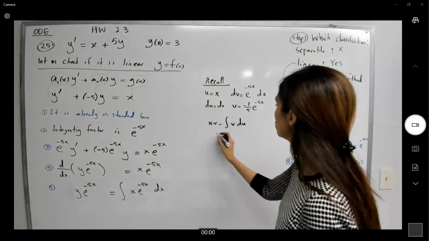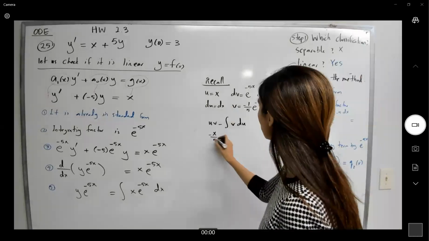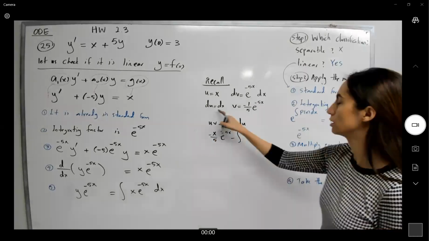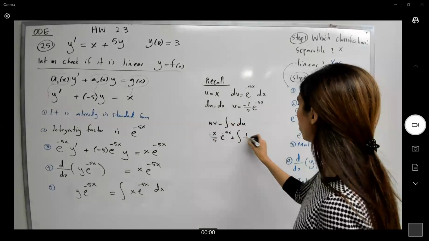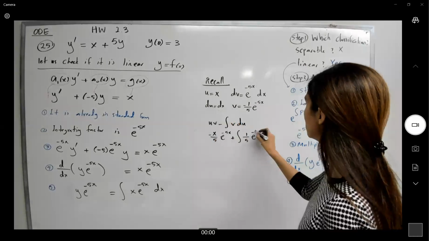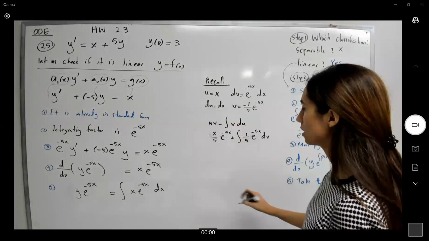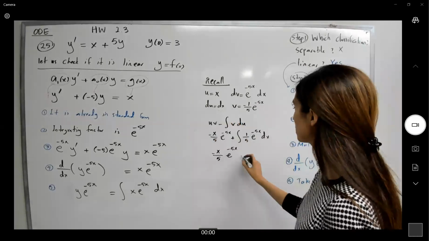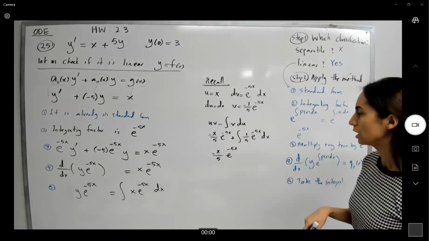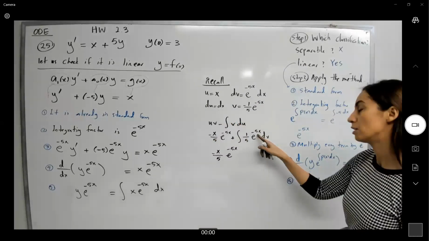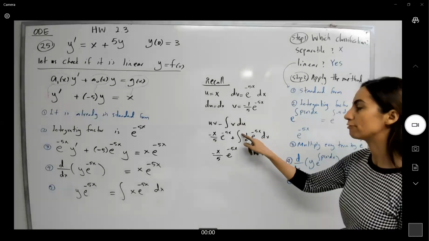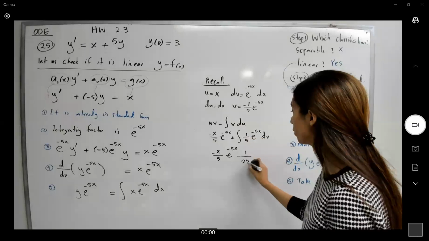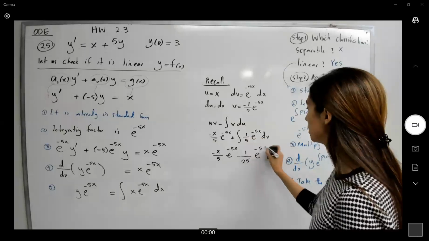So uv gives negative x over 5 e to the power negative 5x minus the integral of v du, which is plus 1/5 e to the power negative 5x dx. If you apply the substitution method, you need to see negative 5 on top. You don't have it, so this becomes negative 1 over 25 e to the power negative 5x.